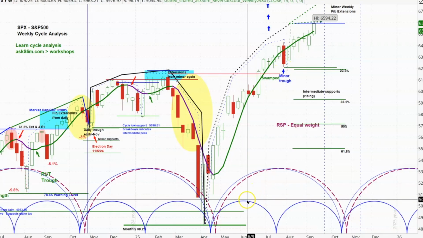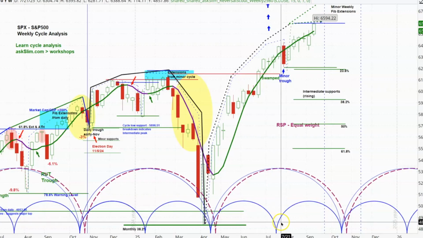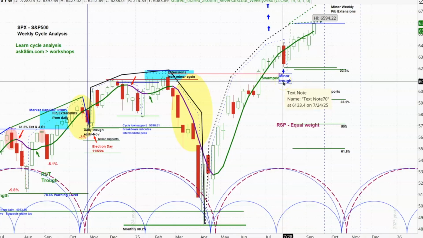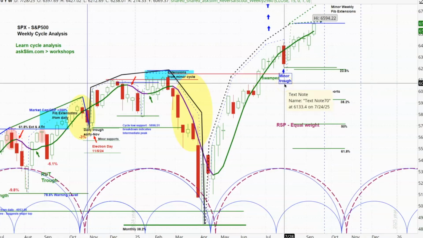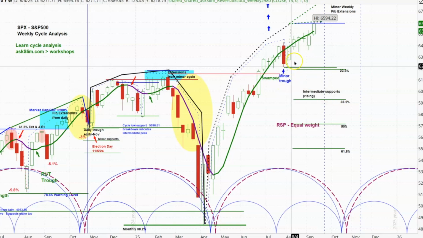So in other words, the correction could have come here from the middle of the minor cycle, but it rallied all the way towards the end and past the end of that ideal minor cycle and gave us that trough. And that was just unbelievably bullish when you see that kind of condition.